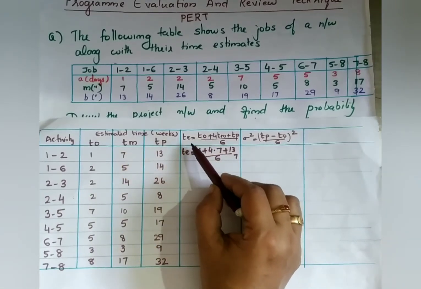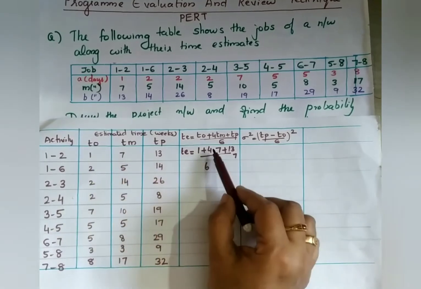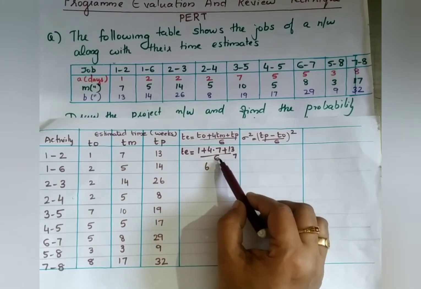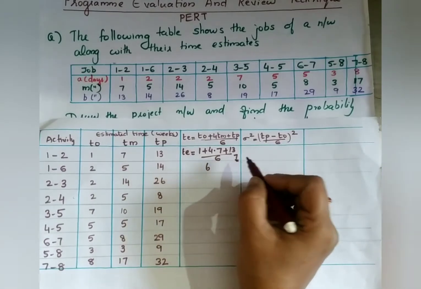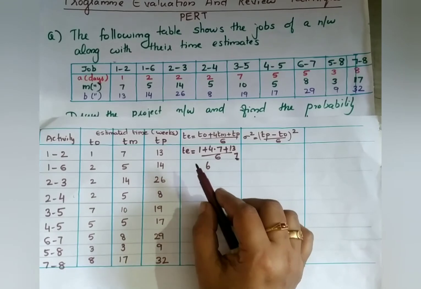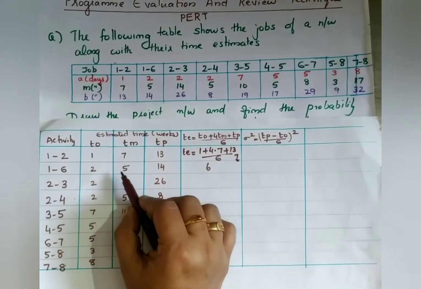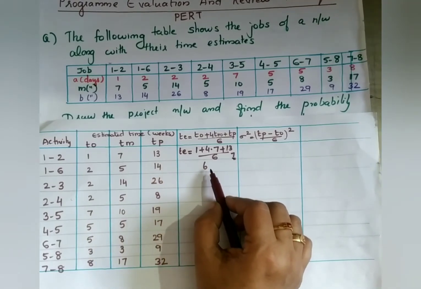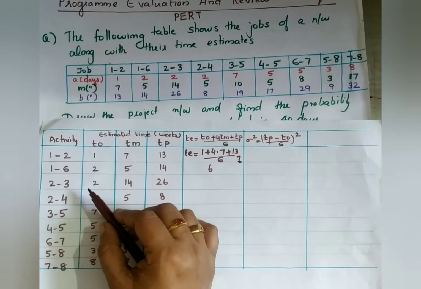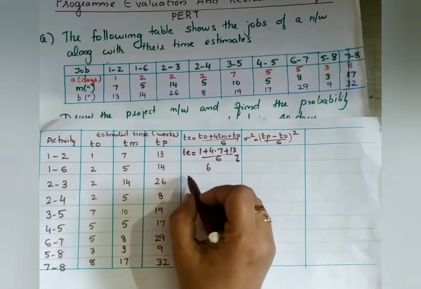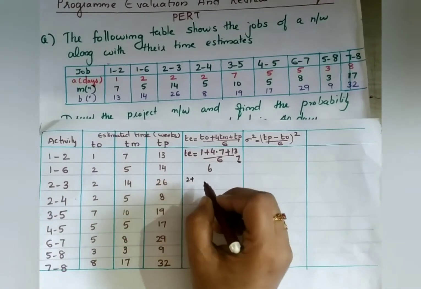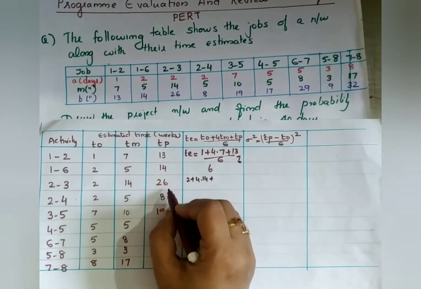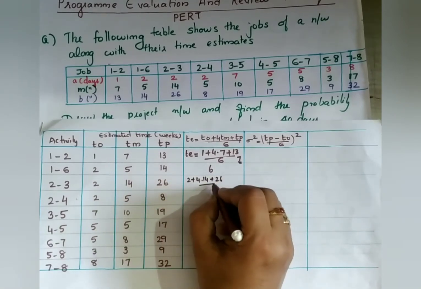T equals T0, which is 1, plus 4 into Tm, 7, plus 13, divided by 6. So the answer will be 7. What is the next T? It is T0, 2, plus 4 into 5, plus 14, divided by 6. The answer will be 6. And what about the next one, 2 to 3? T is T0, 2, plus 4 into Tm, 14, plus Tp equal to 26, divided by 6.